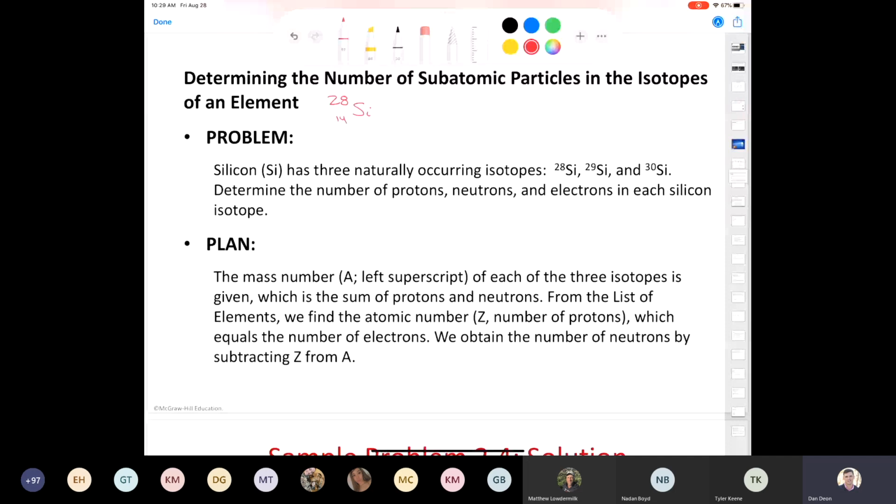And so for silicon-28, we'll say the number of protons is 14. There's no charge indicated, so the number of electrons is 14. And the number of neutrons, well, let me do some mental math here. If I take 28 and I subtract 14, that would mean that I have 14 neutrons. All right, so there we go.